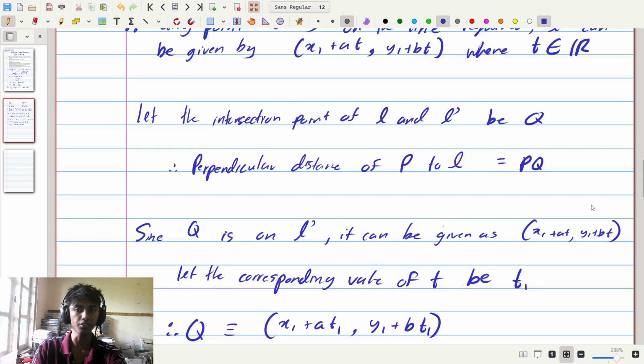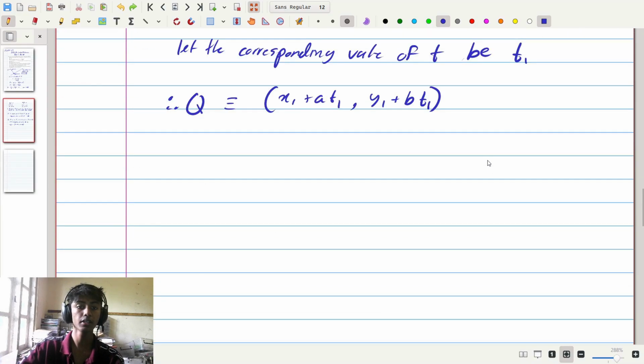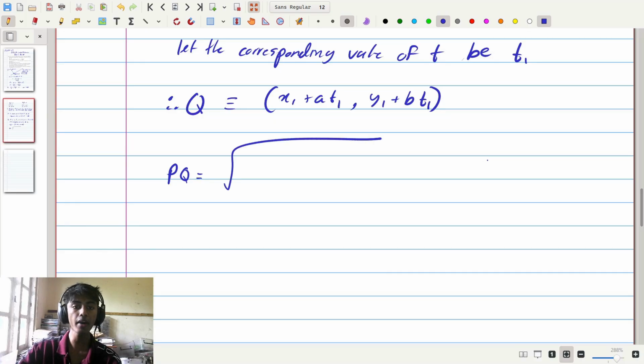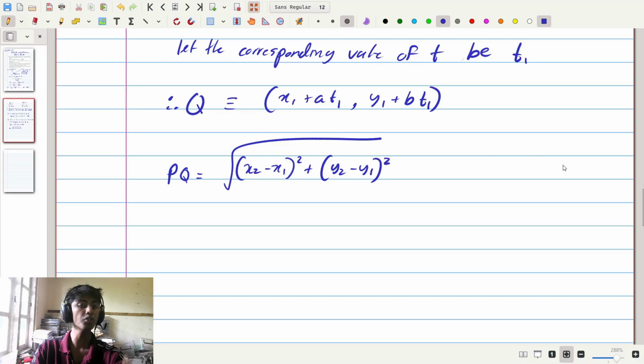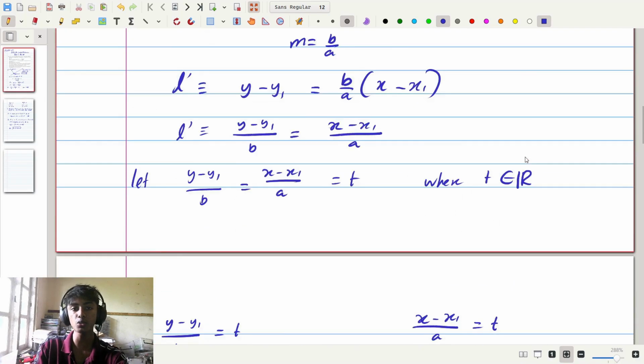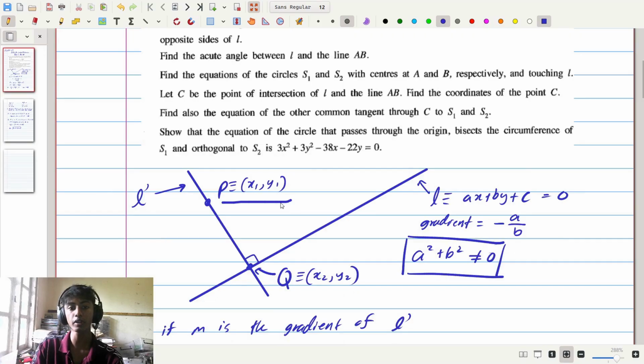Now if we take a look at the perpendicular distance PQ, PQ would be equal to the square root of the x distance squared, which is x2 minus x1 squared, plus the y distance squared, which is y2 minus y1 squared, since the coordinates of Q are x2, y2, and the coordinates of P are x1, y1.